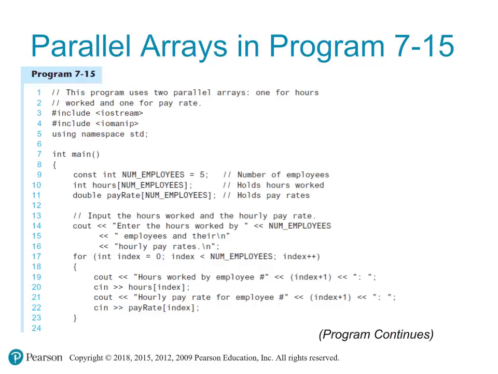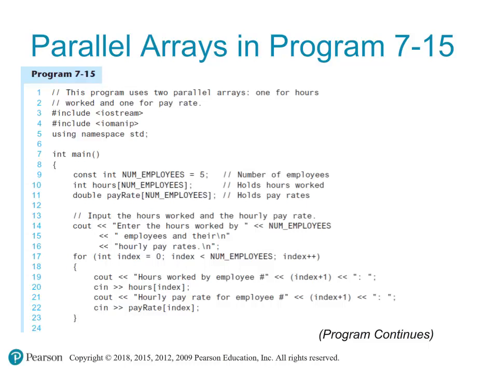The program prompts the user to enter data for each employee. A for loop is used to iterate through each employee index. For each iteration, we ask for and store the hours worked and the pay rate for each employee.